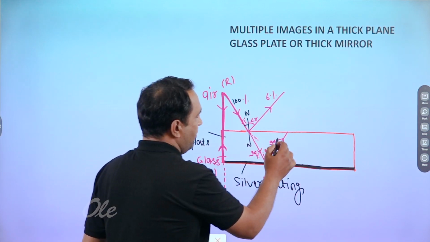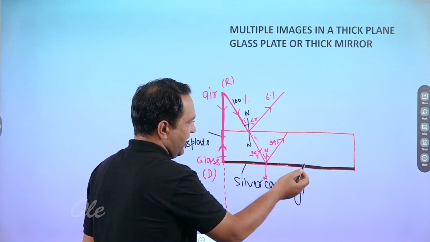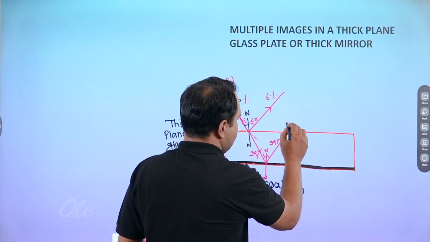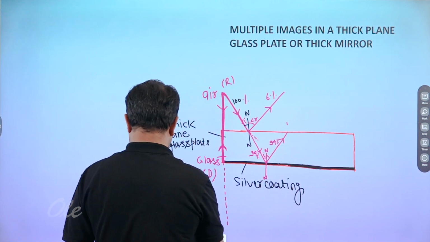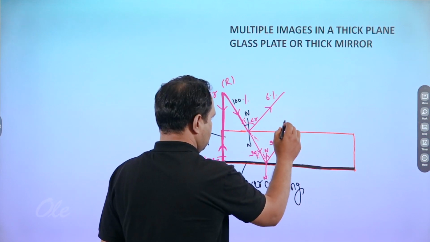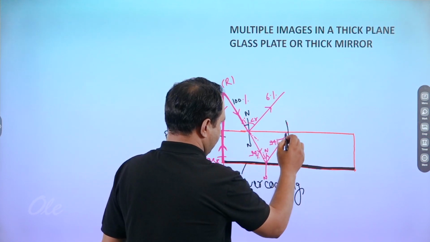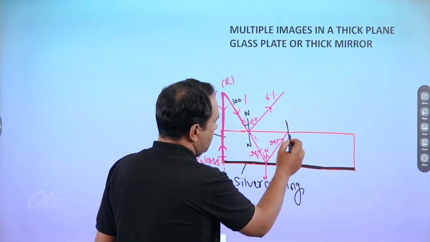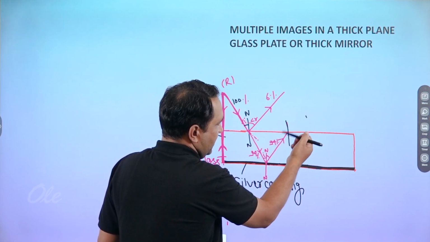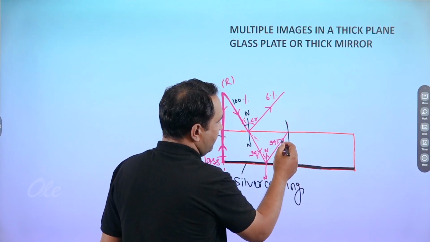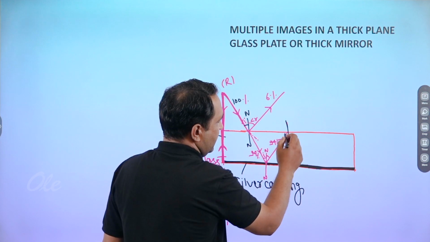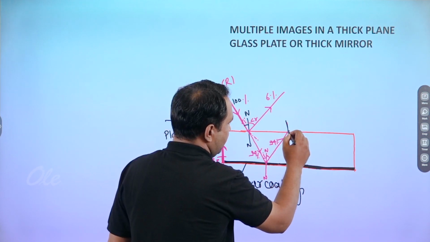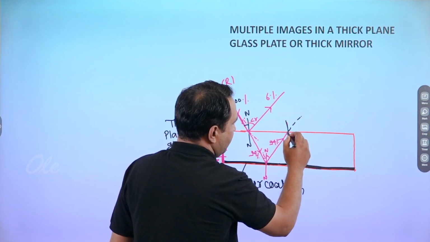Now, as we know, most of the part refracts and only some part of the ray will reflect. So here, most of the part will refract. Suppose that 90% of it will refract now. This is the normal, and we are going from denser to rarer medium. So the ray should go like this, but it will deviate and move away from the normal.